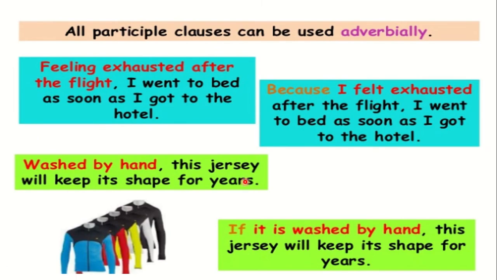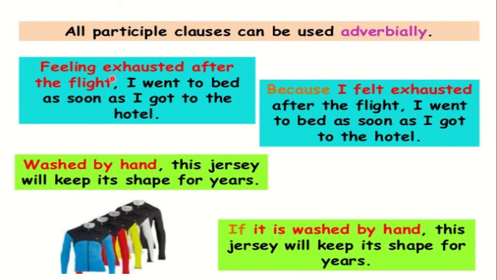Next, remember that all participle clauses can be used adverbially. For example, we have a sentence here. Because I felt exhausted after the flight, I went to bed as soon as I got to the hotel. So see how the participle has been used in the same sentence in a different way.